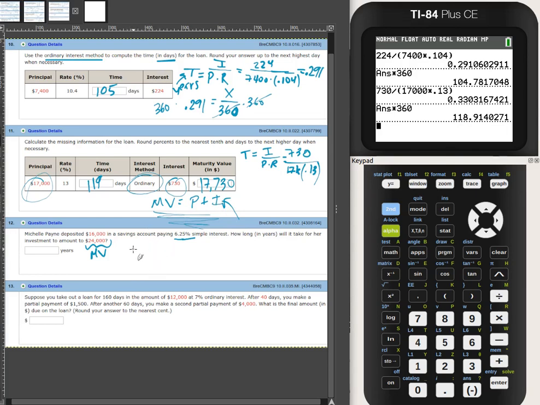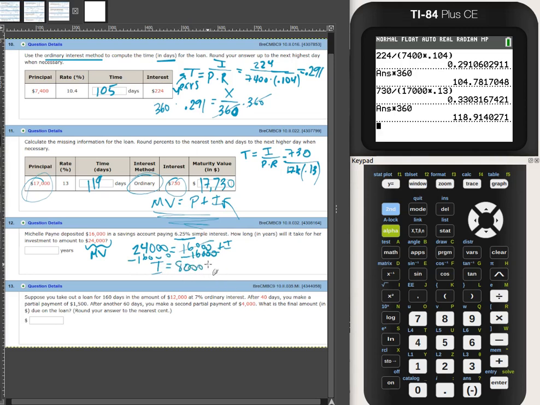We can have the maturity value, which is 24,000, equals 16,000, which is the principal, plus the interest. If we just subtract 16,000 from both sides, it cancels on this side. This is the 8,000 that we were talking about before. The interest is 8,000.